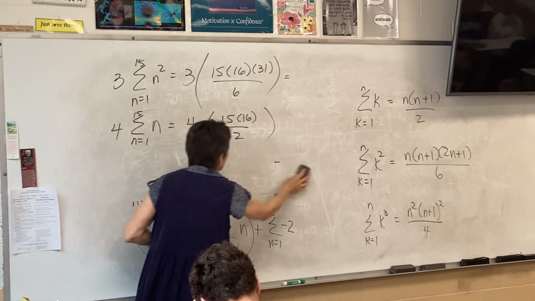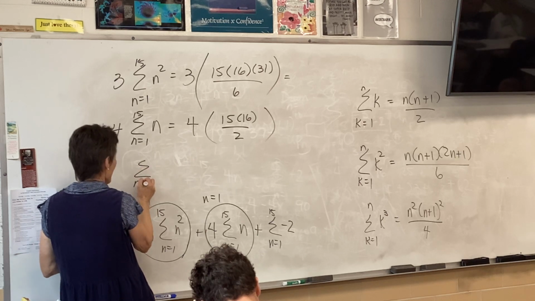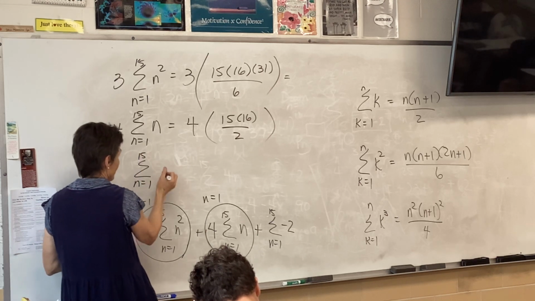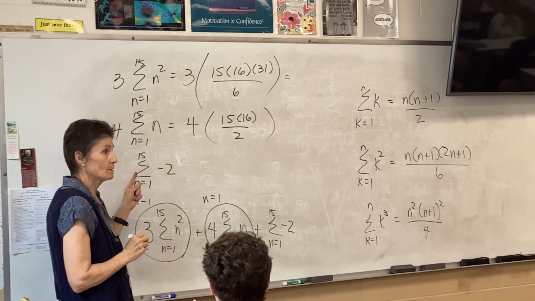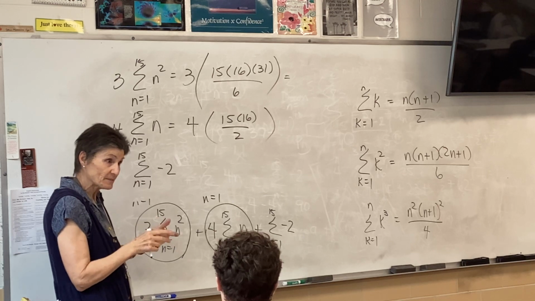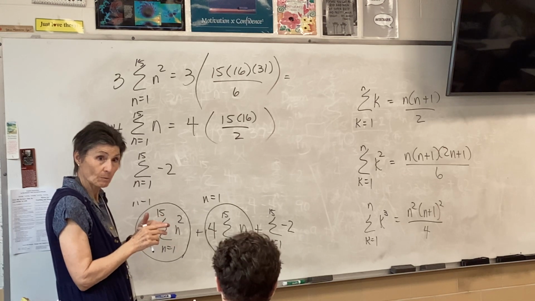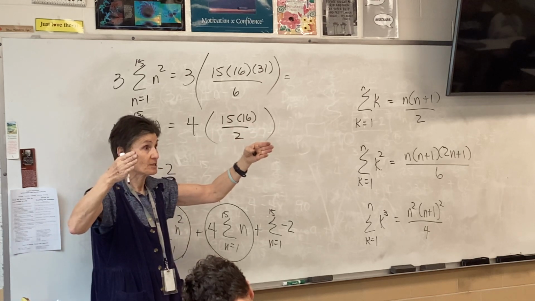And then I've got this guy. Now, do not be confused by this guy. What does that tell me to do? Add up negative 2, 15 times? Isn't that what it says? Remember the polynomial I started with?